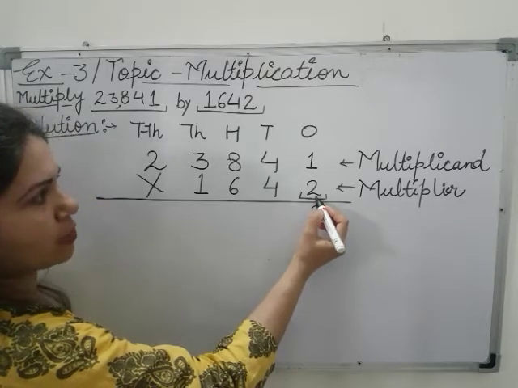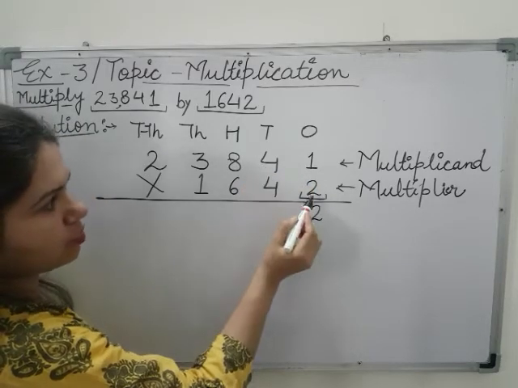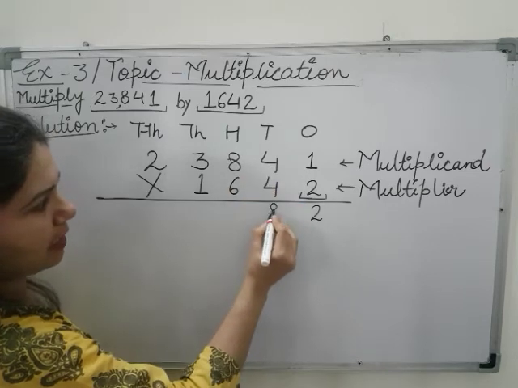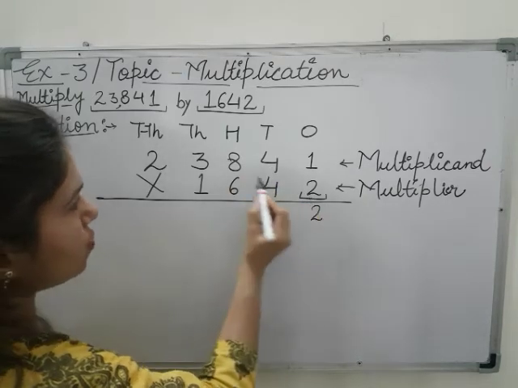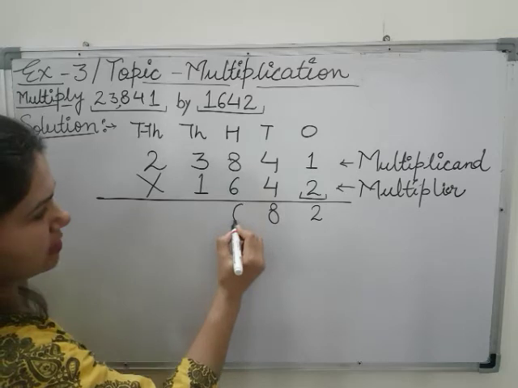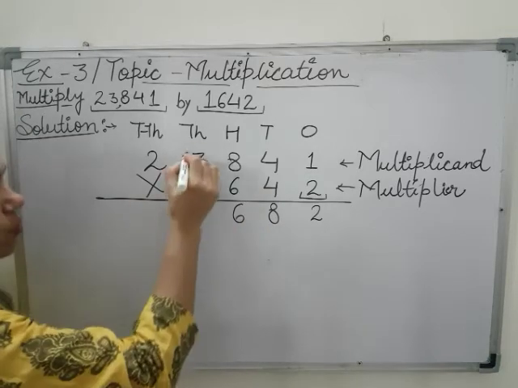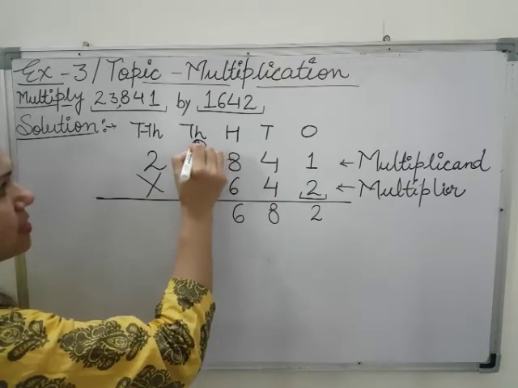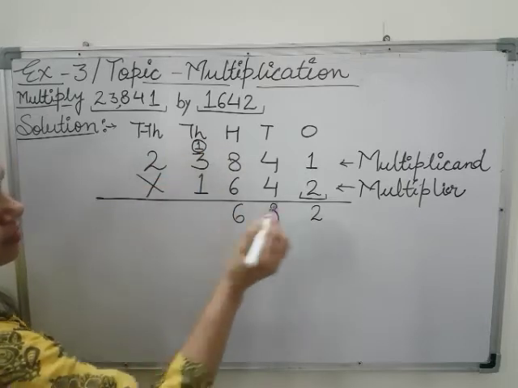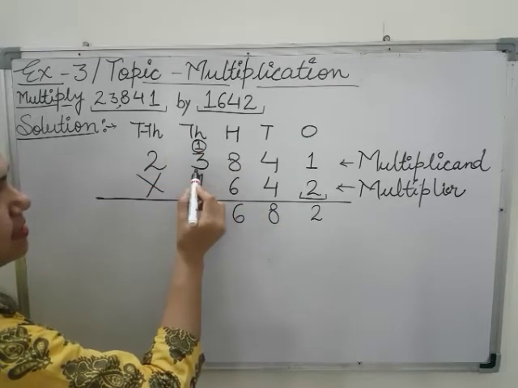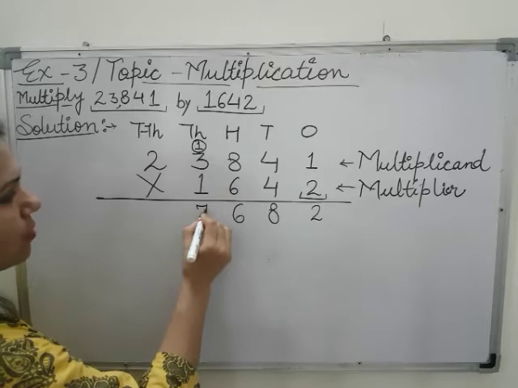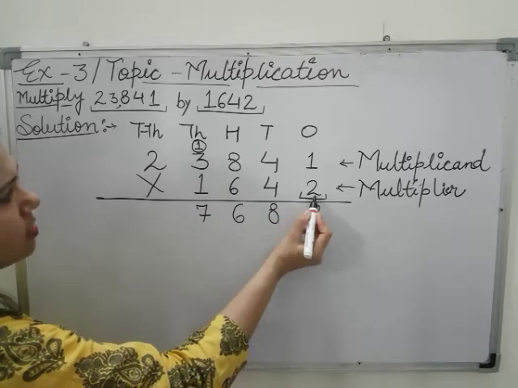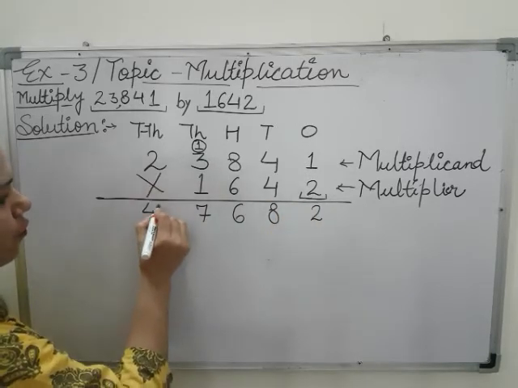Now we multiply it with the tens place. 2 fours are 8, and 2 eights are 16. 1 carry, which will be on the left place, which is the 1000 place. Now 2 threes are 6, 6 plus 1, 7, and at last 2 twos are 4.